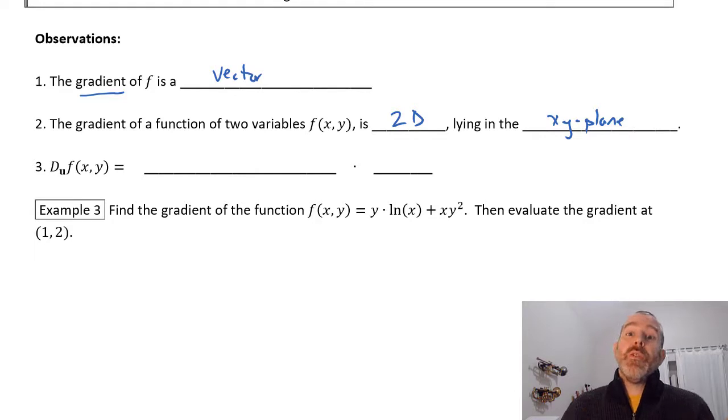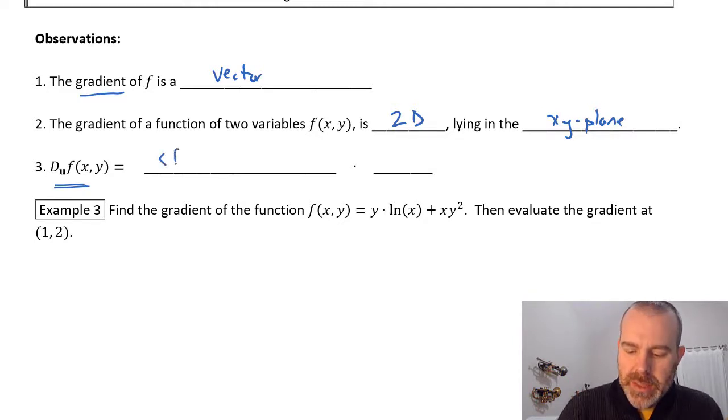One interesting application of the gradient is we can look back at the directional derivative. Remember, that's the partial derivative with respect to x times cosine theta plus the partial derivative with respect to y times sine theta.